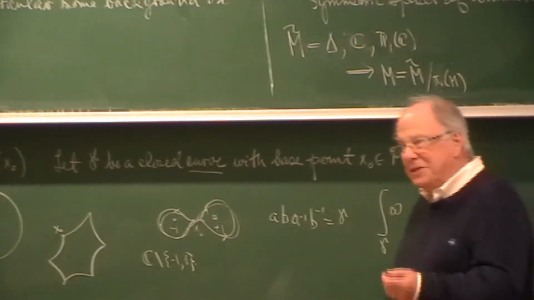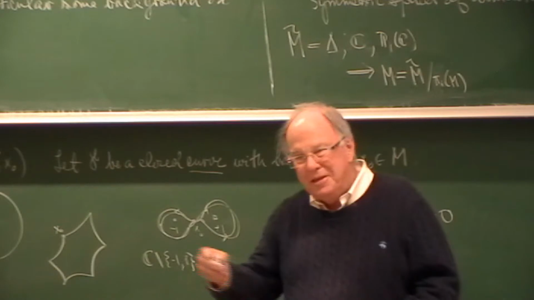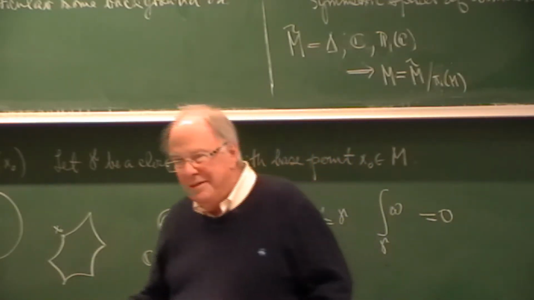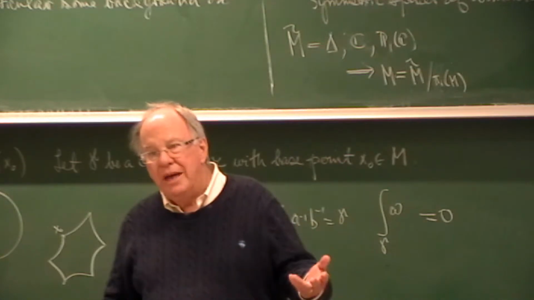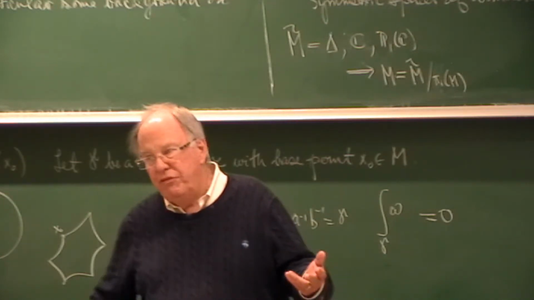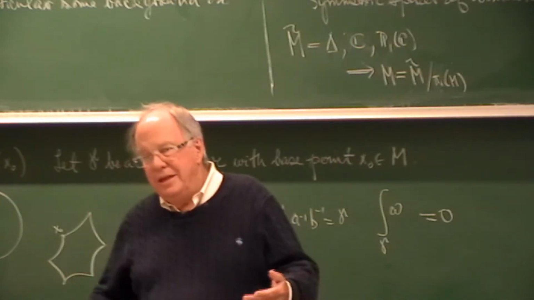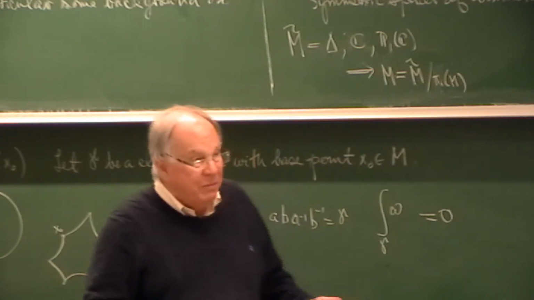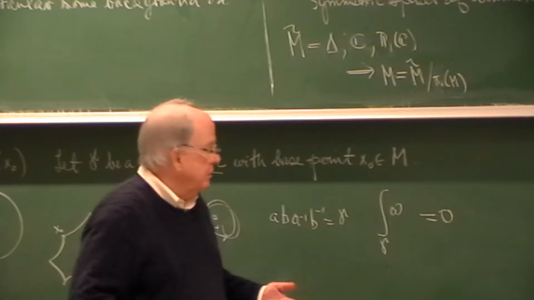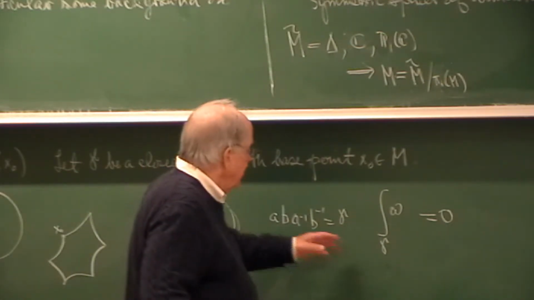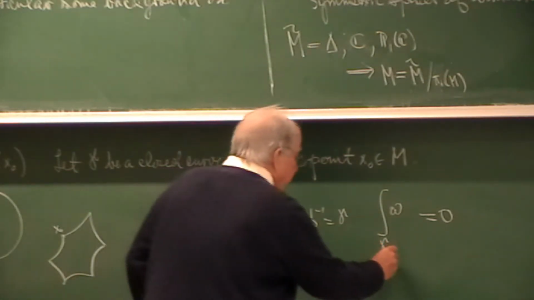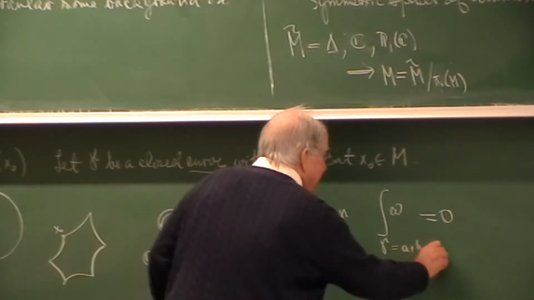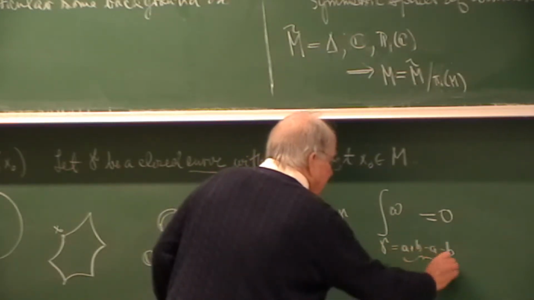Because the integral is the integral over A plus the integral over B minus the integral over A minus the integral over B. So what's happening with homology, when you forget the commutators, is you're integrating. So keep that in mind. Homology cycles are much, much simpler. From the point of view of homology, this is A plus B minus A minus B.